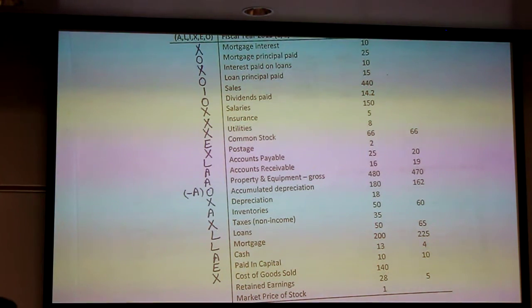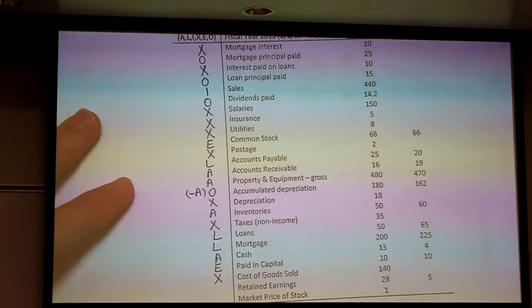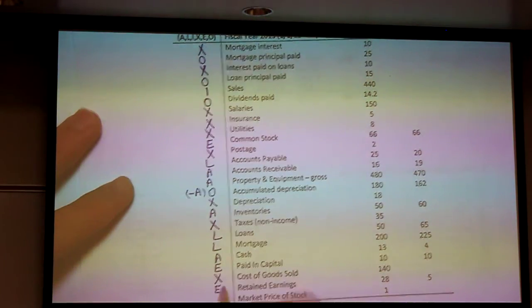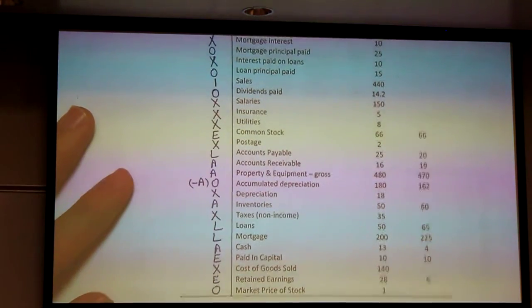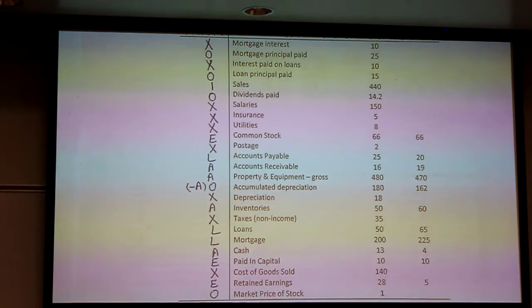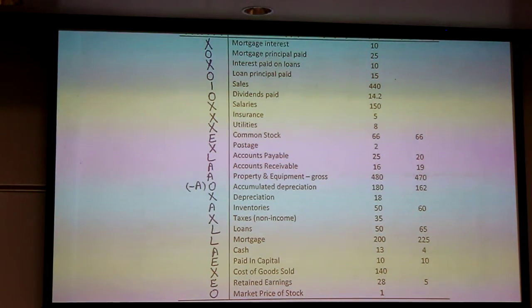Whatever is leftover after the common stock and preferred stock dividends is called retained, kept, saved earnings. Okay, question on that? No question, okay.